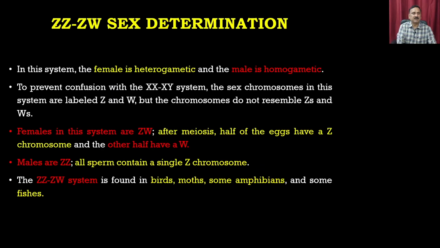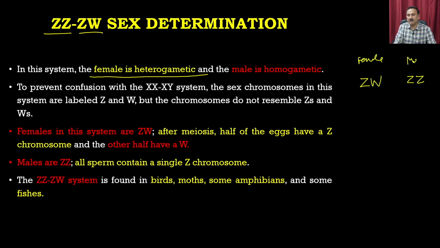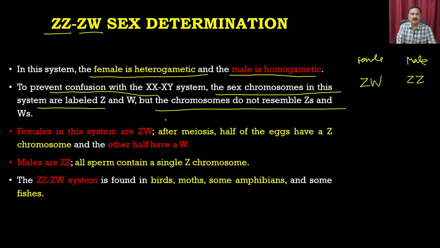Then we have a third system. Third system is ZZ and ZW. In this particular system, the female is heterogametic, which means ZW is for the female and ZZ is for the male, right? And the male is homogametic. To prevent confusion with the XX and XY system, the sex chromosomes in this system are labeled as Z and W, but the chromosomes do not resemble X's and Y's, right?